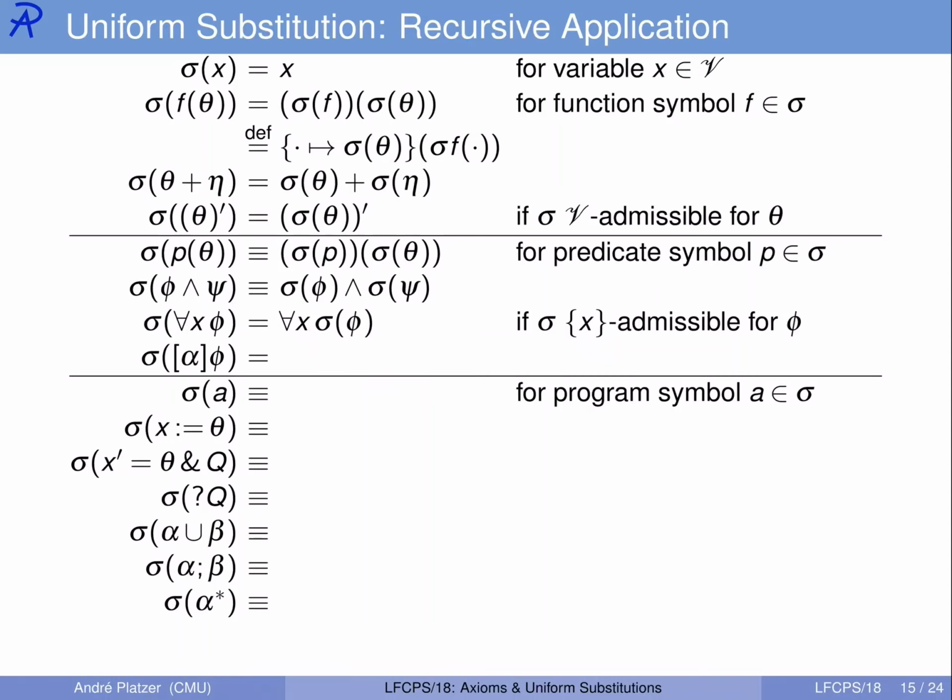By analogy, can we define what is the result of running a uniform substitution over a modal formula, alpha box phi? Well, I guess in that case, do we run the substitution over the postcondition? That makes some sense. But of course, we also need to run the substitution over the program. And the whole thing would again be damaging if the substitution here would try to introduce free variables that are already changed over there.